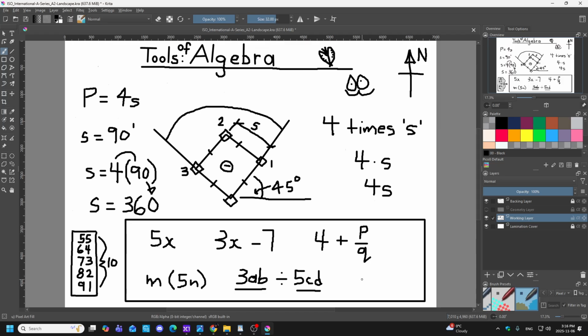Now, I do recommend when solving mathematical problems with the division symbol, I'm not a fan of linear calculations. I highly recommend, especially when you're working in algebra, that you turn the problem into fractional form.